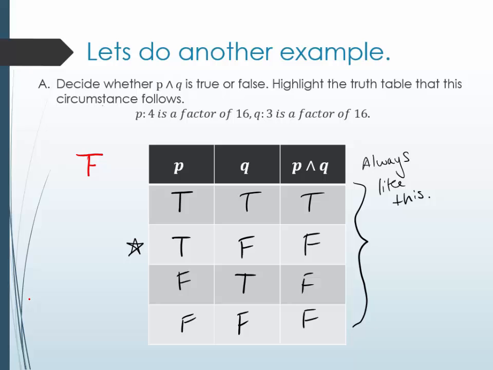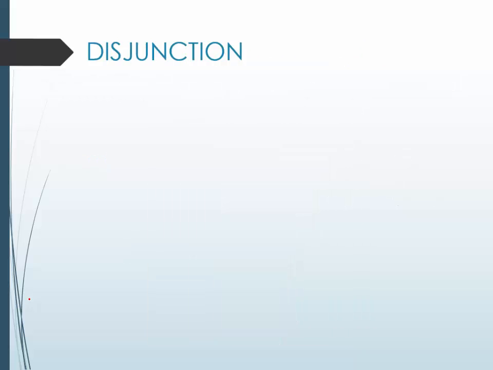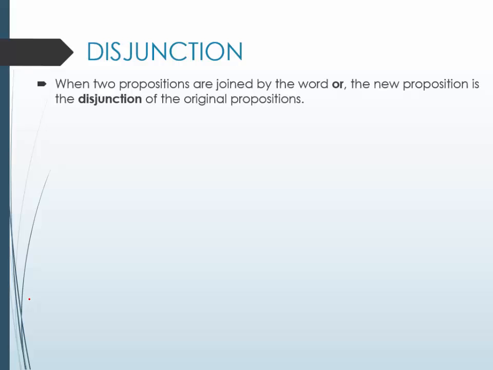Now, this is called a conjunction up here with the upside down V. And true, true is the only time that we get a truth for that particular value, okay? It's the only time we get that. The disjunction is something that's a little different, okay?